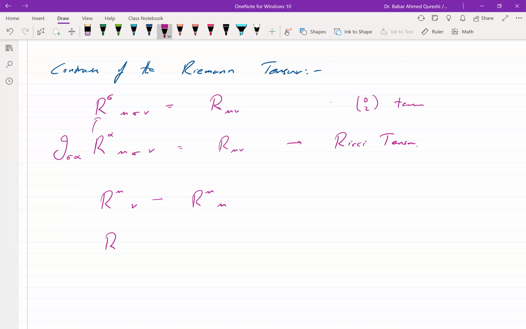So what you are doing, you start with this Ricci, do this, you have got R alpha nu, and then you contract these guys, alpha sigma, alphas are gone.